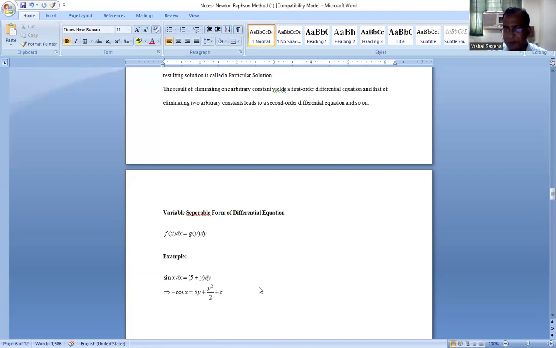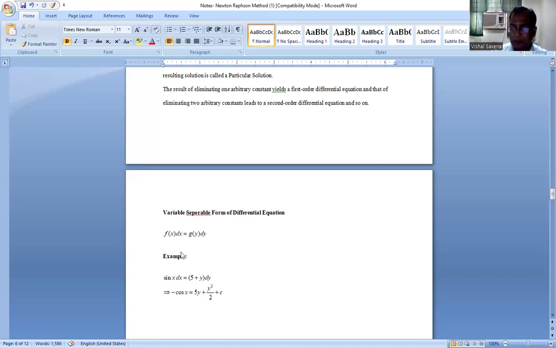As we can see in this example, the left hand side consists of the terms of x, for example f(x) dx, and the right hand side consists of the terms of y, that is g(y) dy. Then such a type of equation is called a variable separable form, and it is the basic or beginning method for the solution of differential equations. And how can we solve this form? We have to integrate both sides of the differential equation to get its general solution.